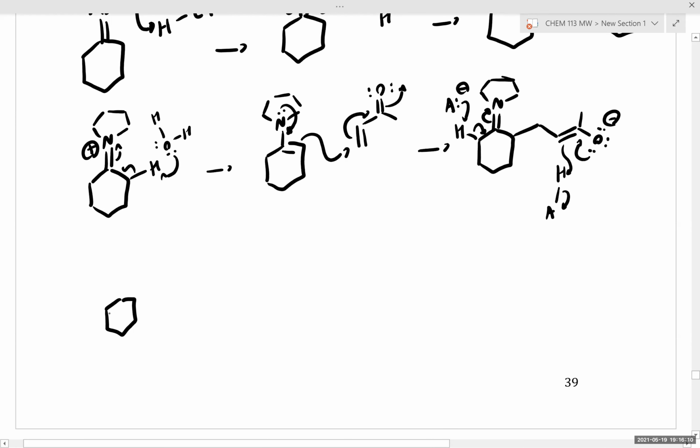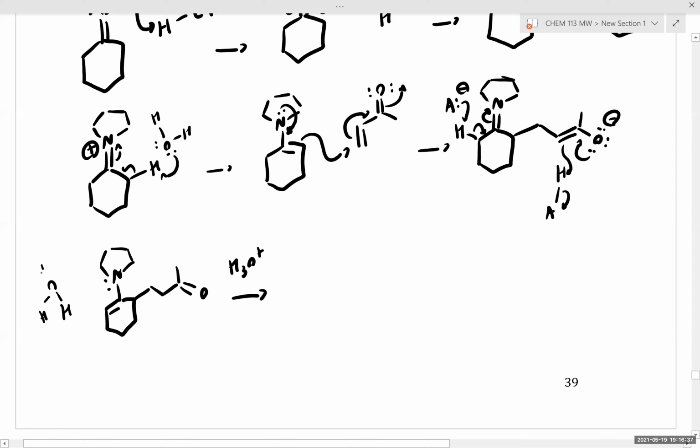That in turn gives us our enamine, which can be isolated and is a reasonably stable species. But in most cases, to unmask the desired diketone, we're going to treat with aqueous acidic conditions to hydrolyze our enamine.